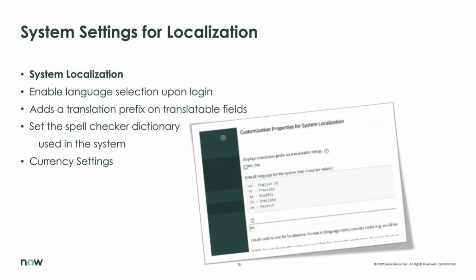You can set the spell checker that the system will use also. And something I'm not going to touch on in the demo today, but you can set currency settings in that properties page. I just thought that was worth mentioning because, quite frankly, we're talking about localization, and not everybody uses the same money types. So go check that out, and you can see all the settings in the system localization.